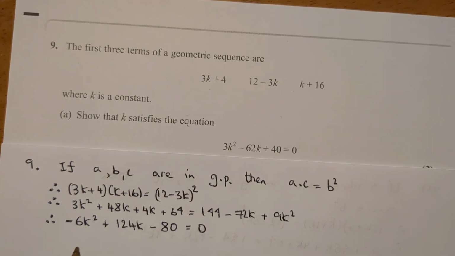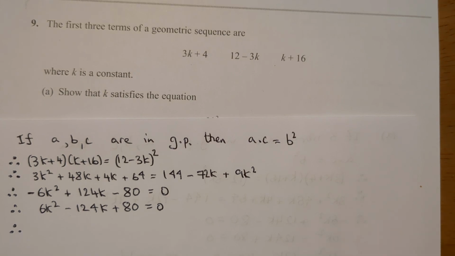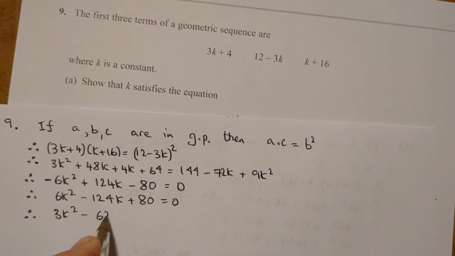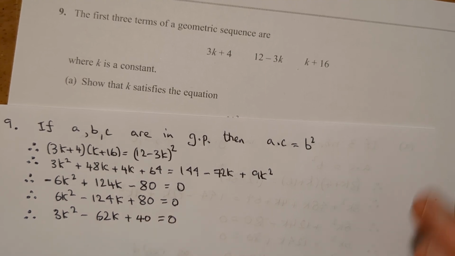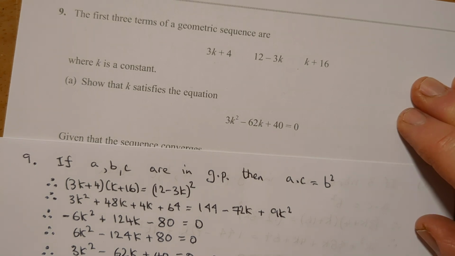So multiplying through by minus 1 first of all, 6k squared minus 124k plus 80 equals 0. So therefore, finally, we have 3k squared minus 62k plus 40 equals 0, which is what they've got here. So as required.